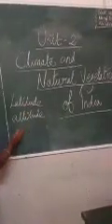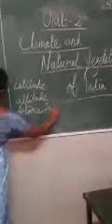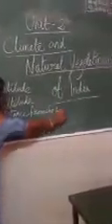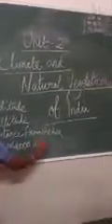The climate of India is affected by the factors of latitude, altitude, distance from the sea, monsoon wind, the relief features and jet stream.